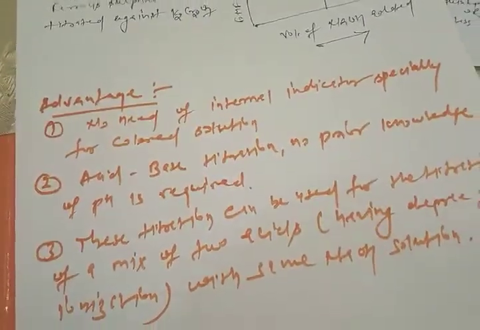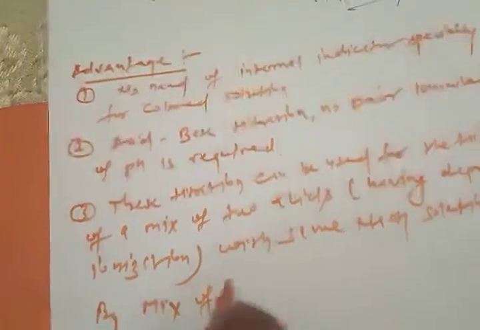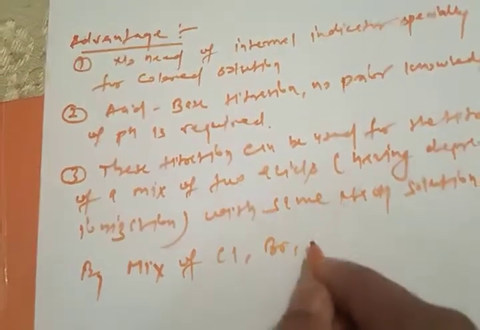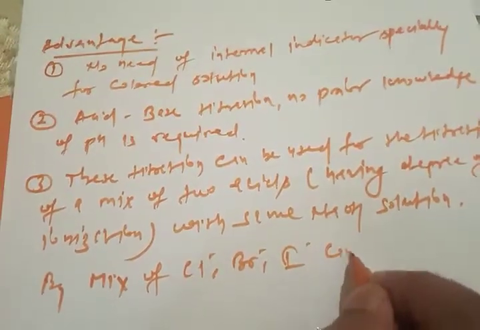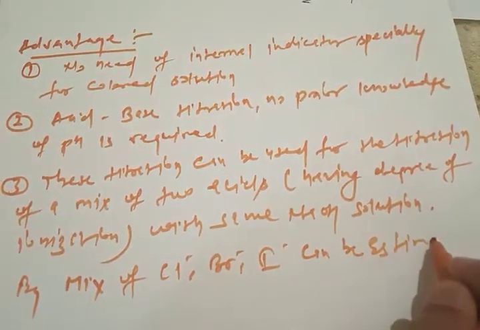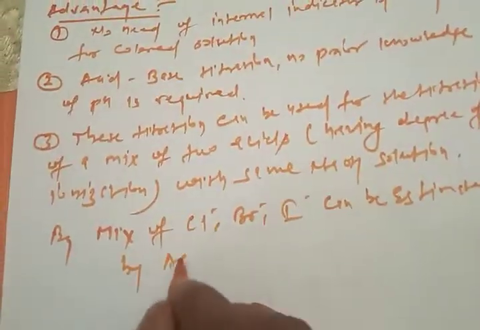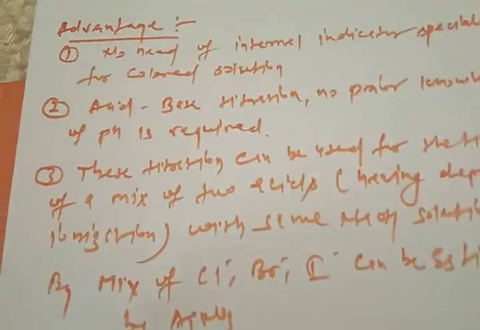Example: a mixture of chloride, bromide and iodide ions can be estimated by AgNO3, giving AgCl, AgBr and AgI of different colors. Okay, so this is one of the very important uses of potentiometric titration.